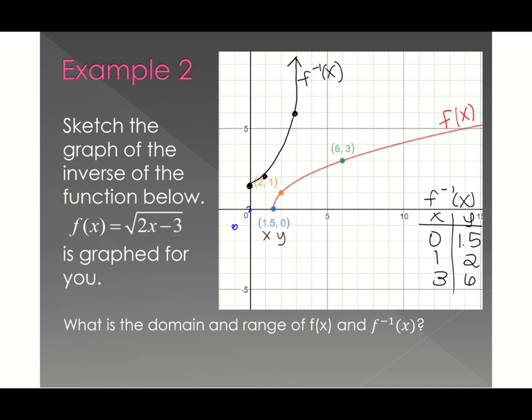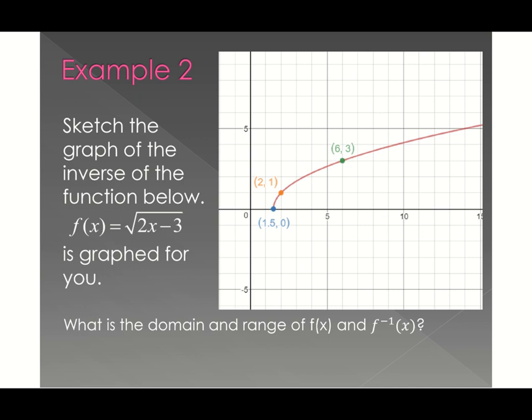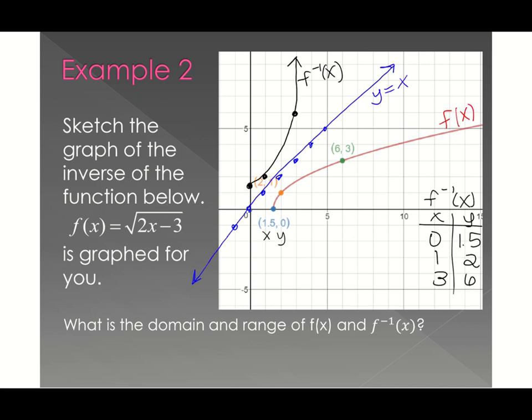So y equals x is just starting at 0 with a slope of 1. So we're going to be reflecting over this line. y equals x is going to be our line of reflection. Every time we're taking an original function and finding its inverse, we are reflecting each of these points over this axis of y equals x.